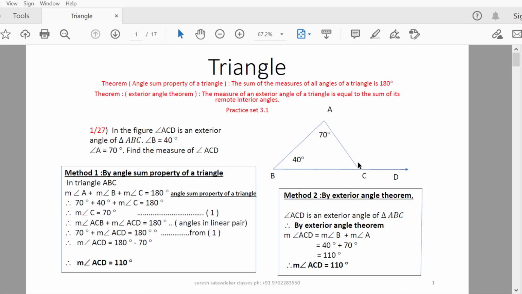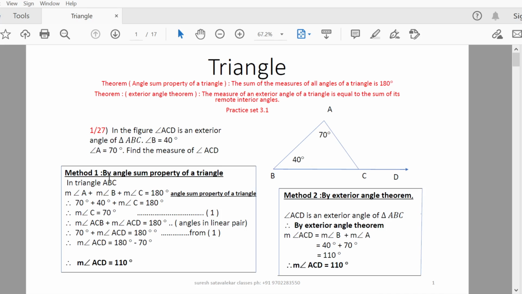Remote interior angles means, see here, angle ACD is the exterior angle and this is the angle which makes the linear pair with it. The other two angles are called remote interior angles. So the measure of this angle is equal to the sum of these two. This is an oral sum. It can be asked in MCQ also.